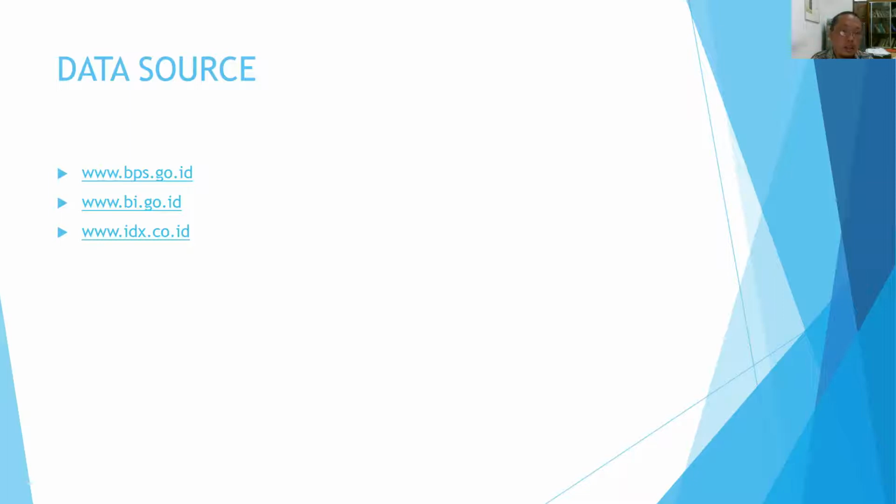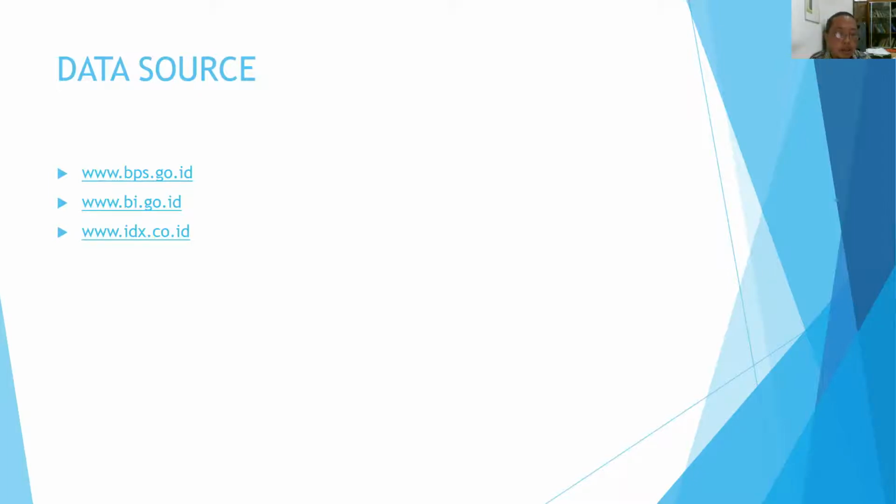And then the second is bi.go.id. It belongs to the Indonesian Central Bank. There are many monetary data and also economic data, for example, inflation, and the exchange rate of rupiah to dollar and other currencies. We can find those data from bi.go.id. Then the third is idx.co.id.